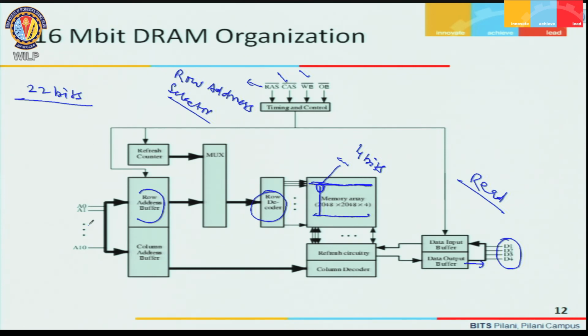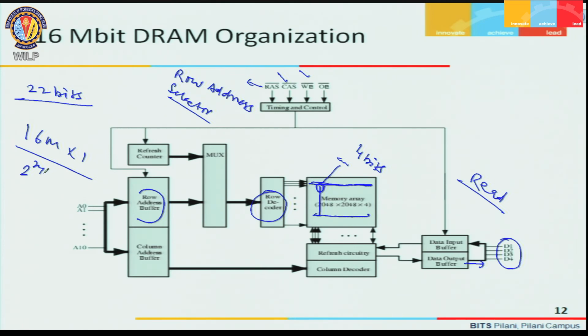If I have the same memory as 16 M into 1, in that case I have 20 plus 4, so 24 pins are there, and these 24 pins are accessing 1 bit of information.